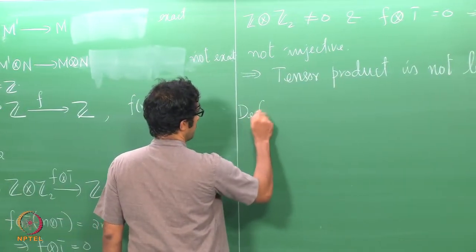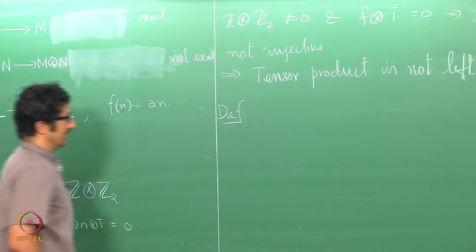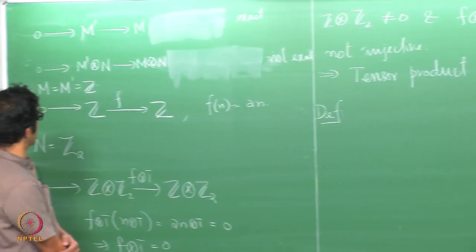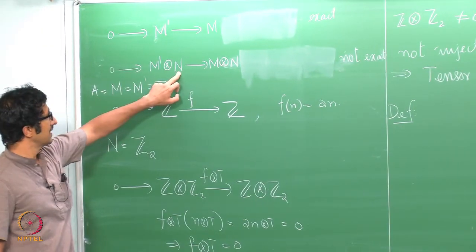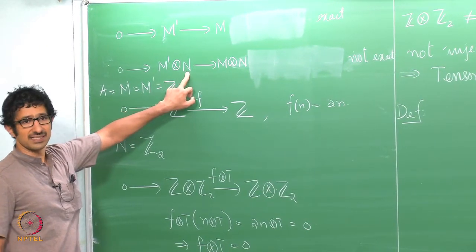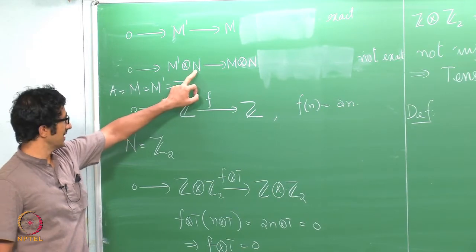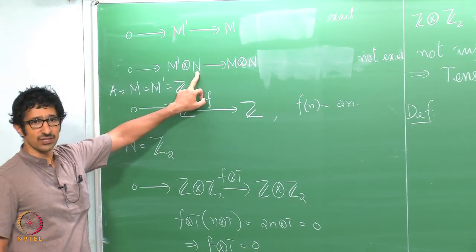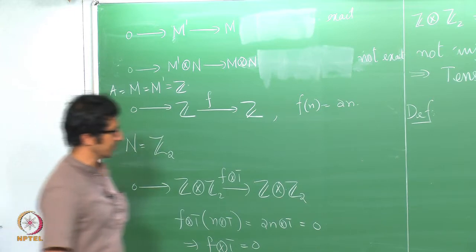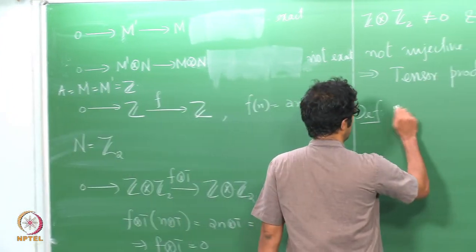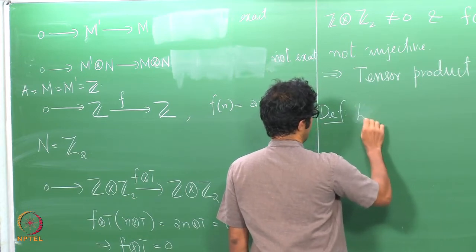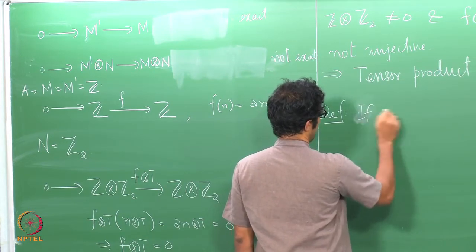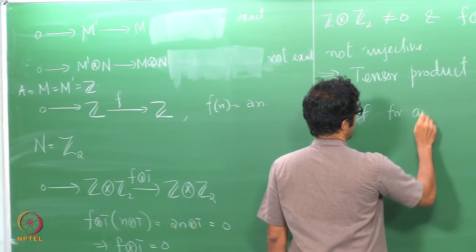If a module N satisfies the property that for every exact sequence 0 to M' to M to M'' to 0 being exact, the sequence 0 to M' tensor N to M tensor N to M'' tensor N to 0 is exact, then that module N is called a flat A module.